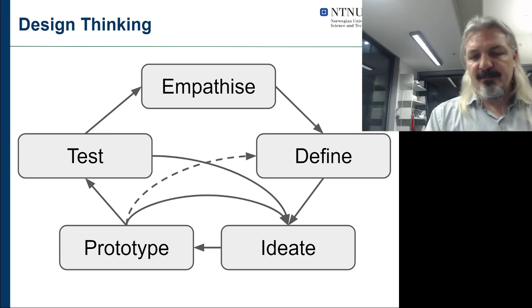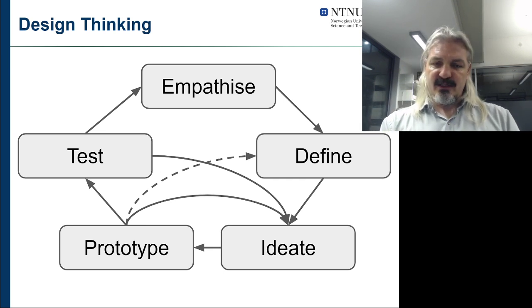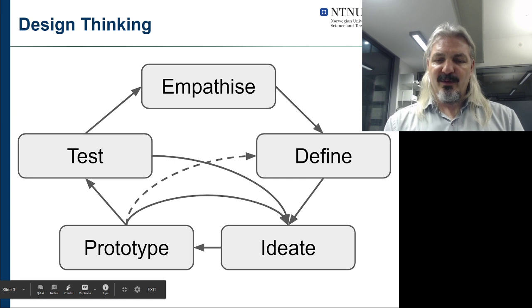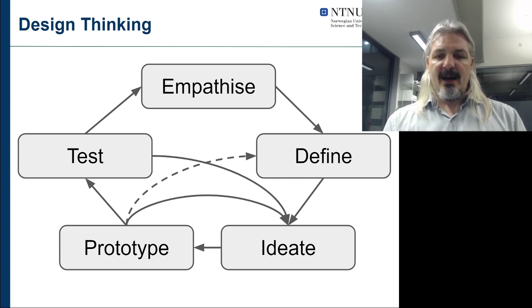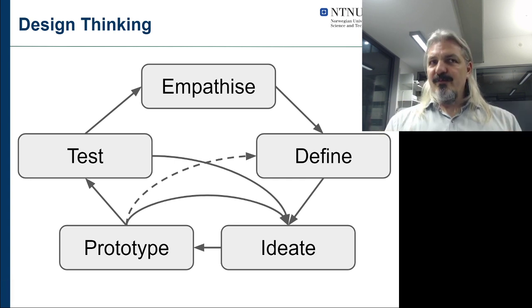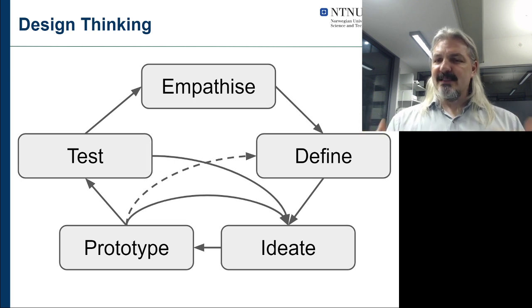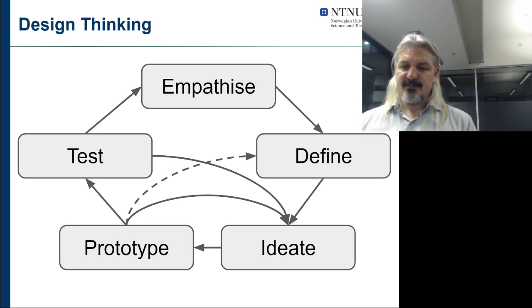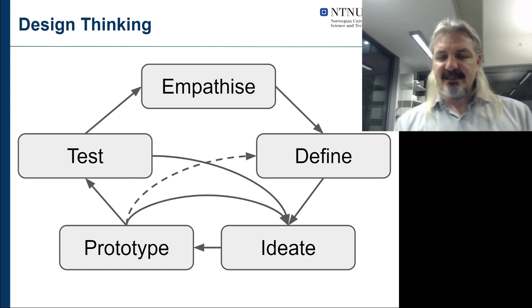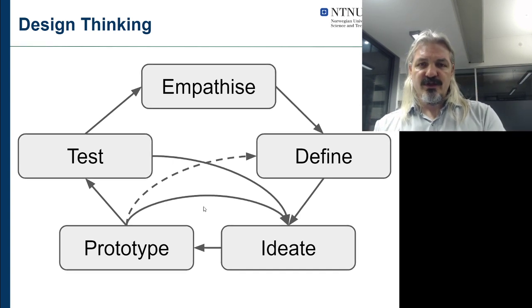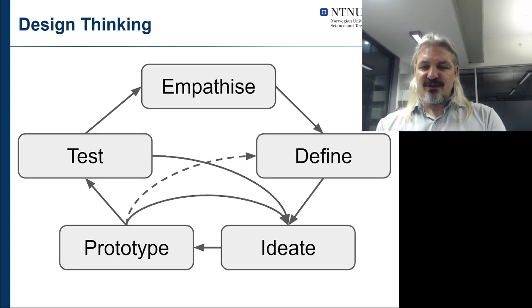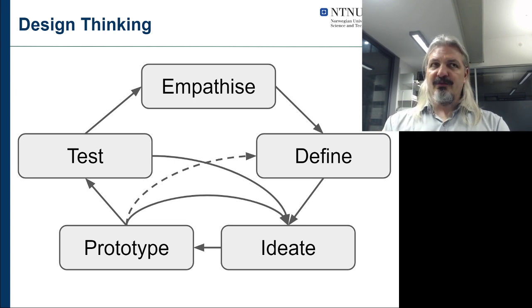So within there, that ideate to prototype stage, so this stage down the bottom here, where we have ideate and prototype, hopefully you'll have more ideas than you are capable of implementing. And if that is the case, then what you want to do is have some way of your group deciding which of the ideas they should implement, right?